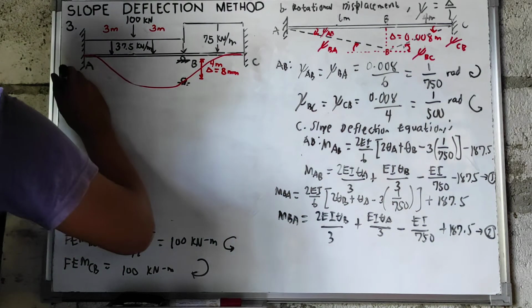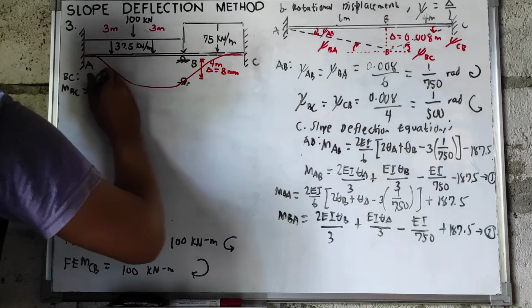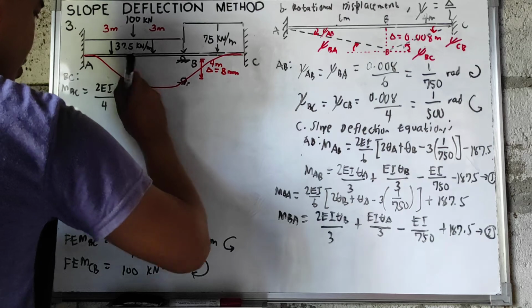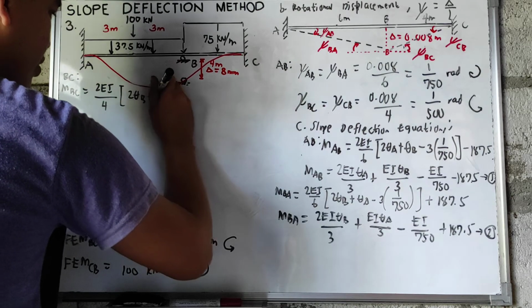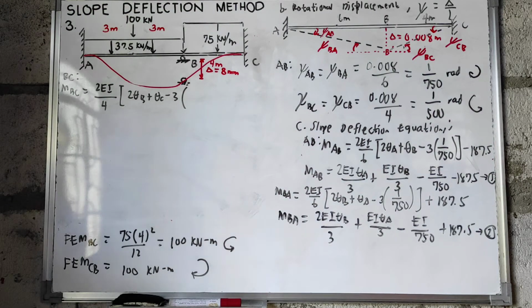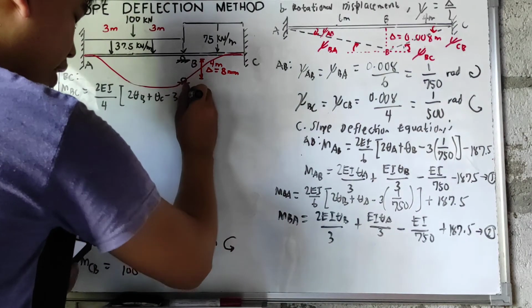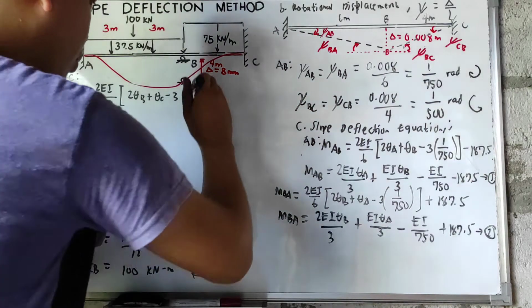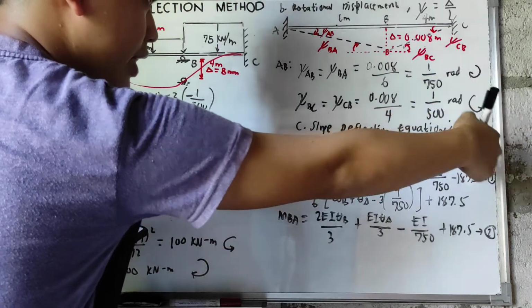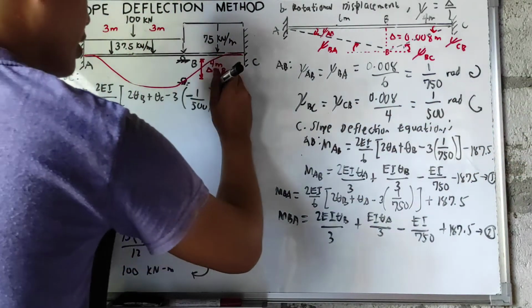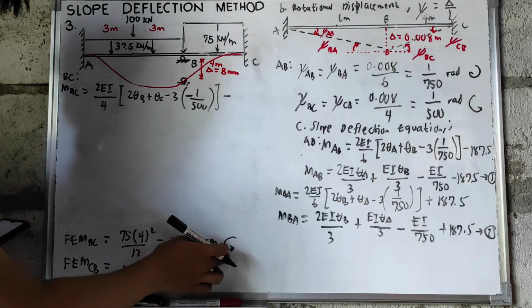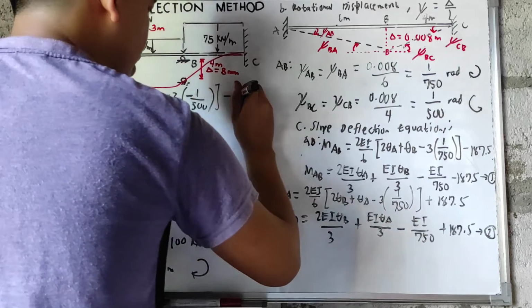So the value of your MBC, that is equal to 2EI over yung length natin na 4. So we have 2 theta B minus 3 multiplied by yung rotational displacement natin dito, that is equal to negative 1 over 500. Kasi nga yung rotation natin is counterclockwise. So minus the value of your FEM, since it is counterclockwise kaya negative, minus 100.